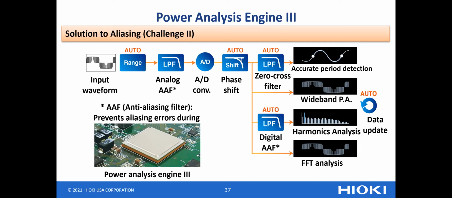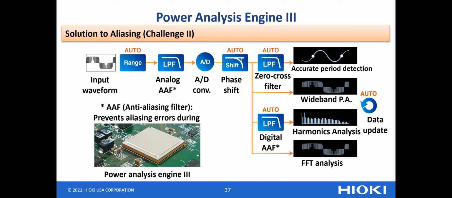For accurate power analysis, detecting one cycle precisely is vital. So this zero crossing filter is applied automatically, and you can do power analysis without changing settings.